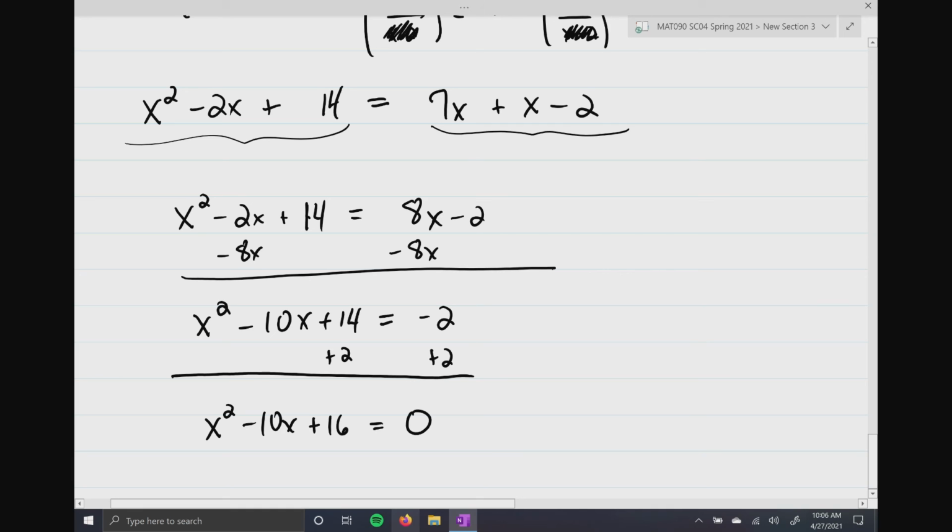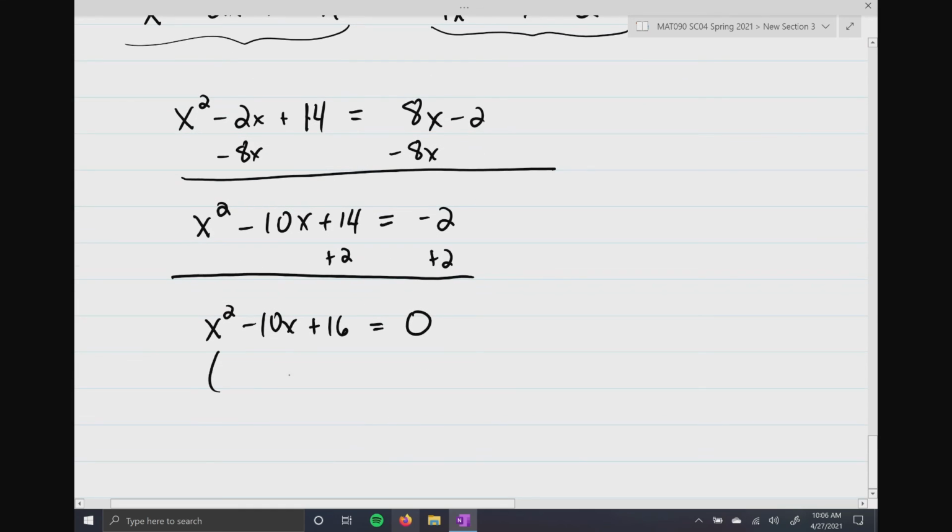I have 3 terms with a equal to 1. So I'm just going to go ahead and factor x and x, minus and minus. 2 numbers that multiply to get 16 and combine to give me negative 10, and they're both negative. How about 2 and 8? Now, I will set each of these equal to 0 and solve.